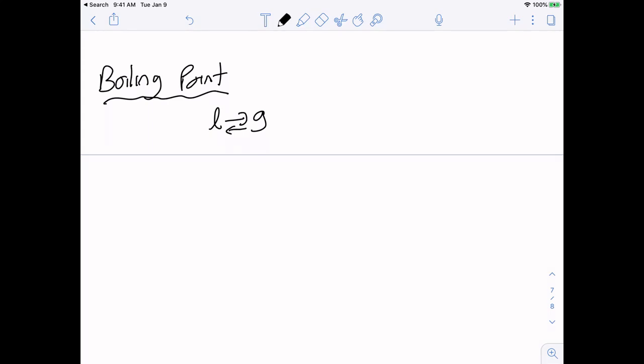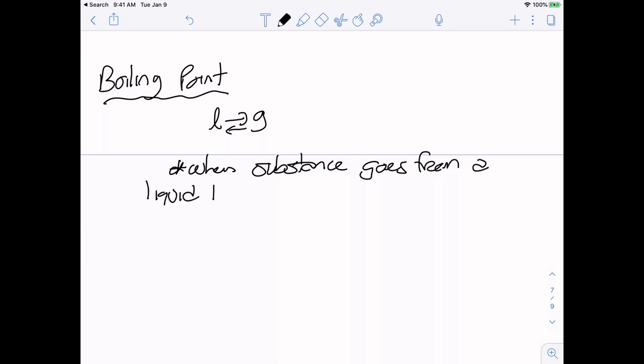It's just generally, if we're talking about boiling, we're talking about going in the forward direction. But what we're doing when we do that is we're breaking, right? When a substance goes from a liquid to a gas, the intermolecular forces are broken.